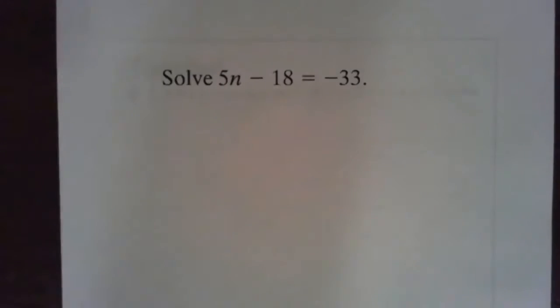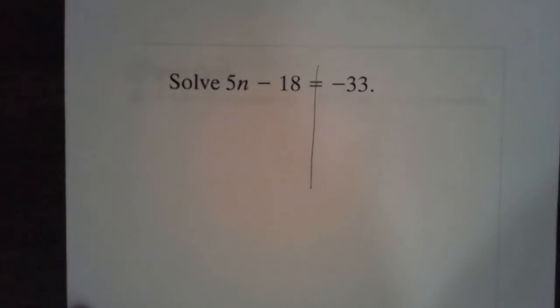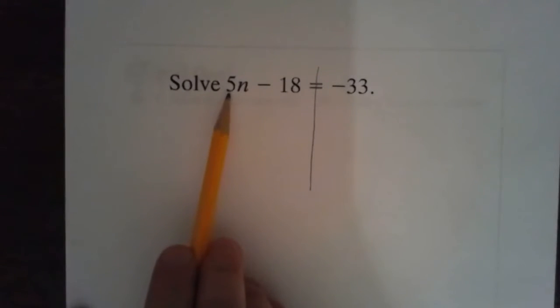Okay, so how would we solve this? According to our notes, we are going to do addition and subtraction first. We still want to keep our left and right side equations separate. But here's another way for me how to do it. I know I have to have 5n by itself. That 5 is pretty tight to that n.